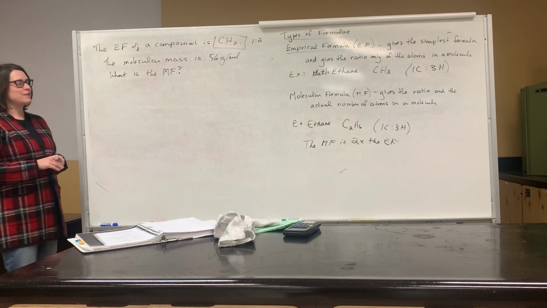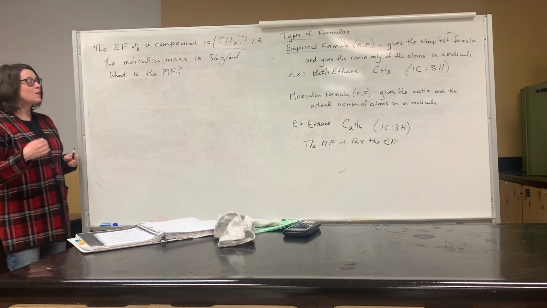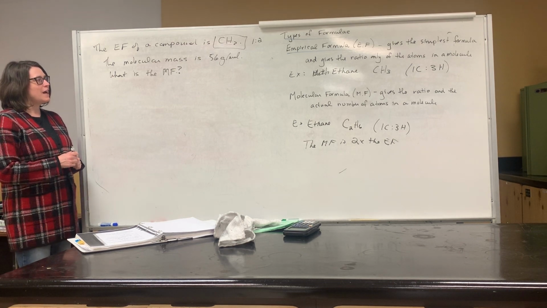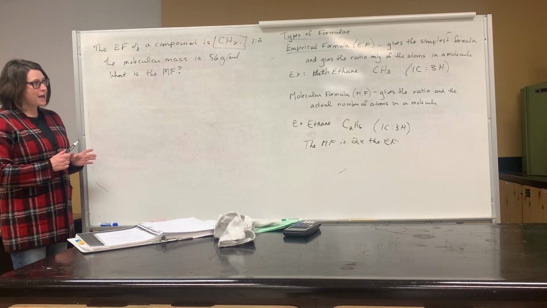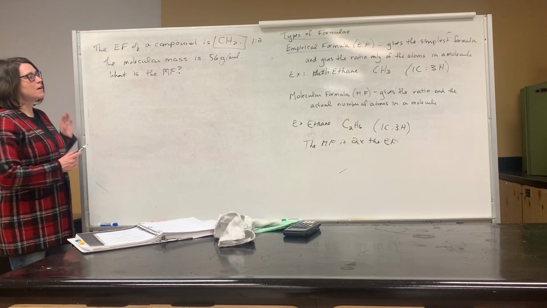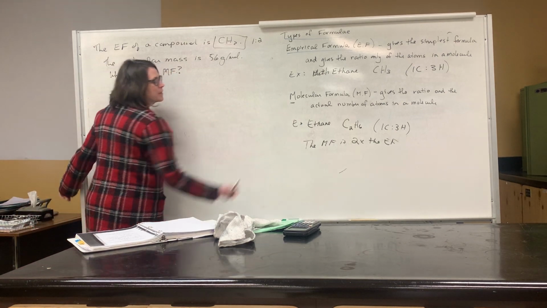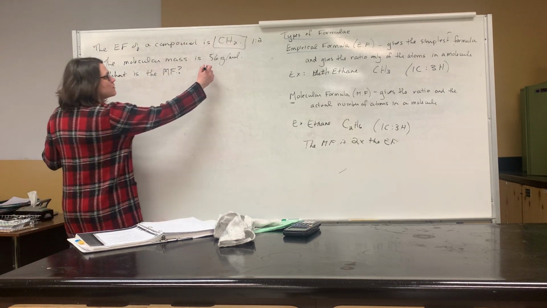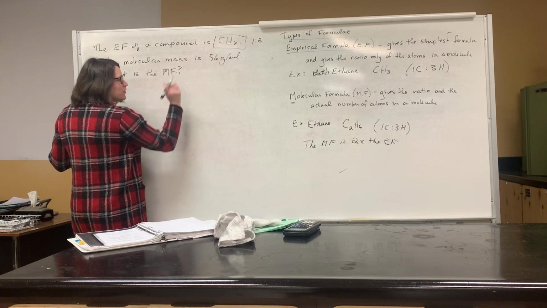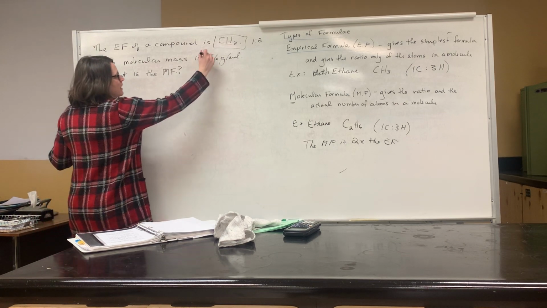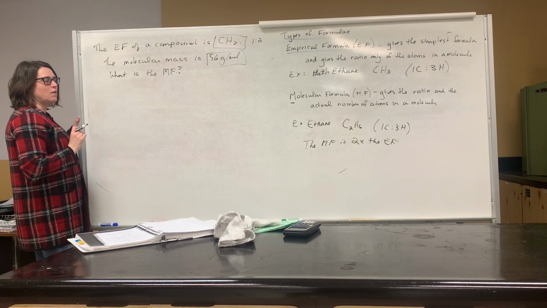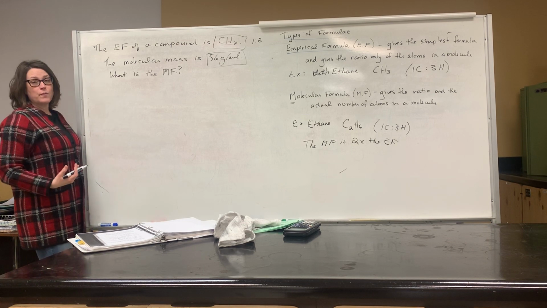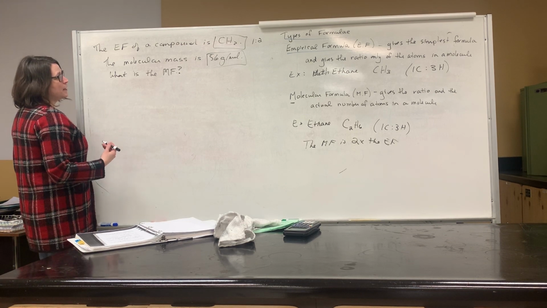We did talk about this the other day because people forgot. Where do you find the molecular mass from? It's going to come from your periodic table. And the molecular mass is going to be the mass of the molecular formula, okay? So that tells me that whatever the molecular formula is, it is going to have a mass of 56 grams per mole.